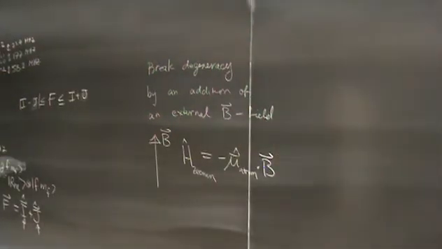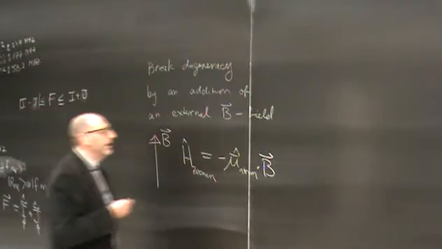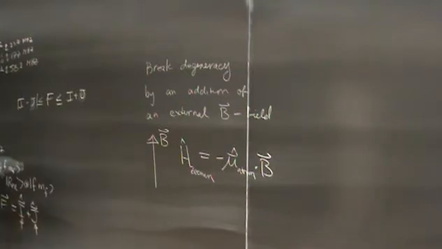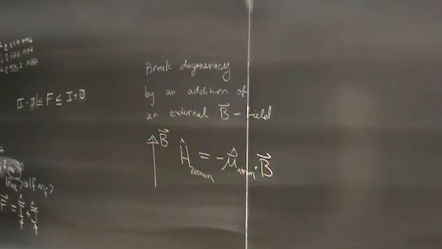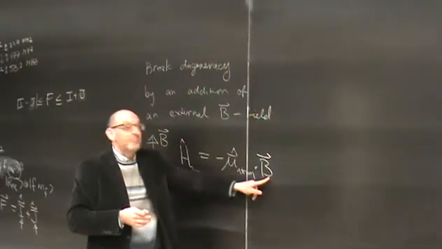You've done it. And what this will do, generally, is cause us to break the degeneracy between the different m sub f's within a given subspace with a given f. Now, whether I treat this as a perturbation relative to the hyperfine structure, or whether I treat the hyperfine structure as a perturbation relative to this, depends on how big the magnetic field is.